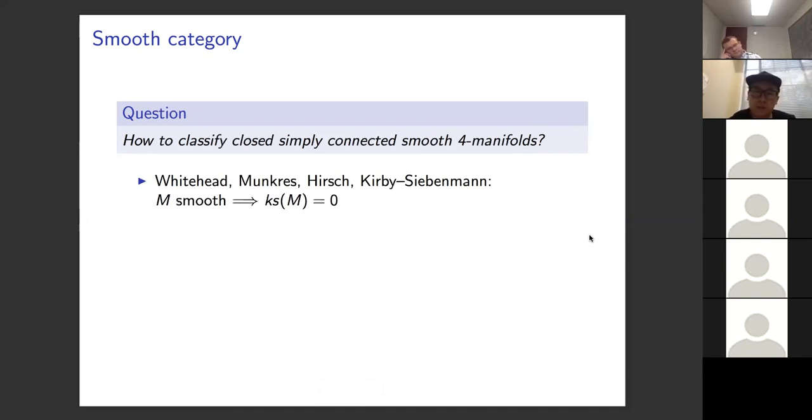So one of the invariants for topological 4-manifolds is already decided in the smooth category. Recall that earlier, for a fixed bilinear form, there are at most two topological manifolds. Then, if we're working in the smooth category, at most one of them could have a smooth structure.